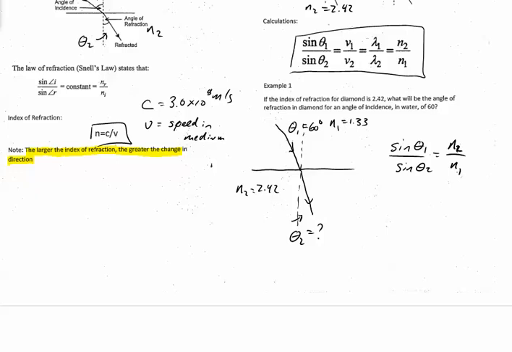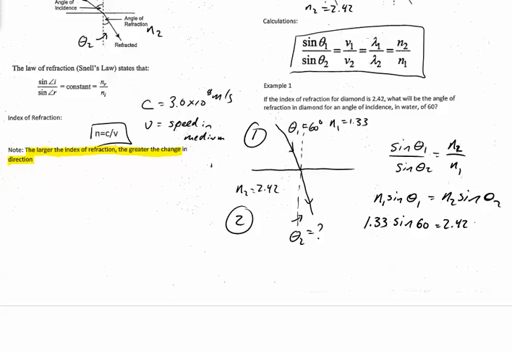Well, nobody likes working with fractions, so if we write it this way, n1 sine theta 1 is equal to n2 sine theta 2, everything is on the same side. So n1, this is medium 1, this is medium 2, so n1 is 1.33 sine theta 1, which is 60, just taking everything off my diagram, is equal to n2, 2.42 sine theta 2.